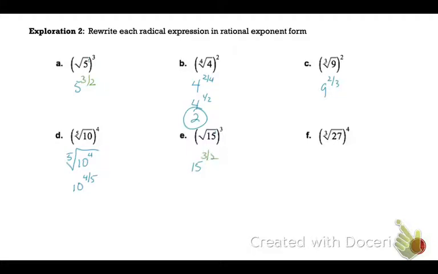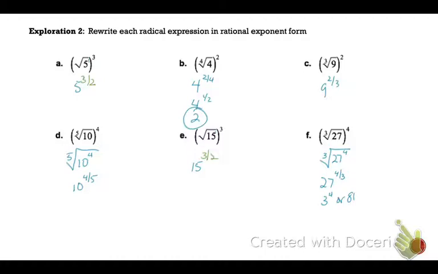All right, so fixing letter E, that will be 15 to the 3/2 power. And then finally, the 3rd root of 27 to the 4th is the same thing as 27 to the 4/3. And then I went ahead and simplified that because I can evenly. Because the 3rd root of 27 is 3, and 3 to the 4th power is 81.